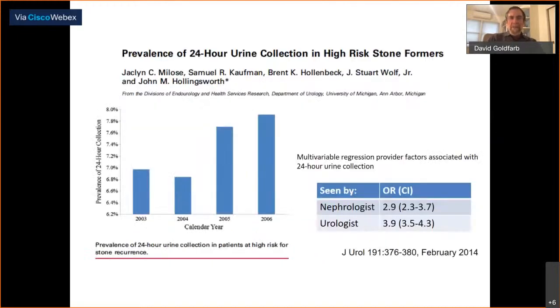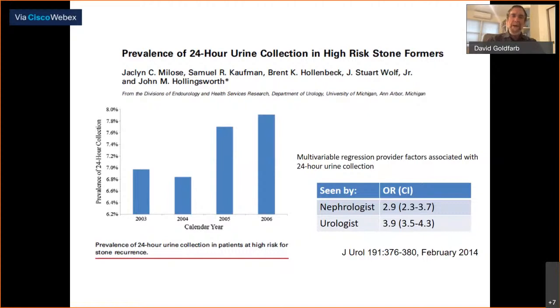So the truth, though, is that in the United States, 24-hour urine collections are done infrequently. In a group of patients that were reviewed by John Hollingsworth and Stuart Wolf, they defined these patients as being at high risk.